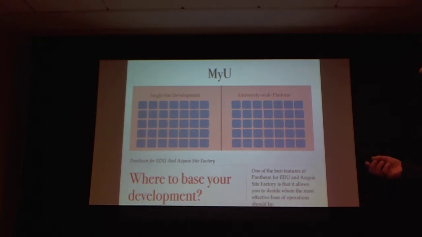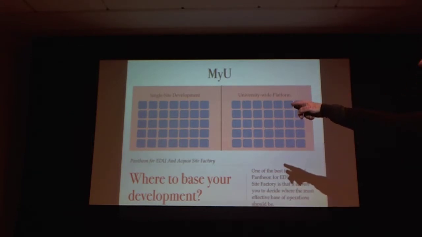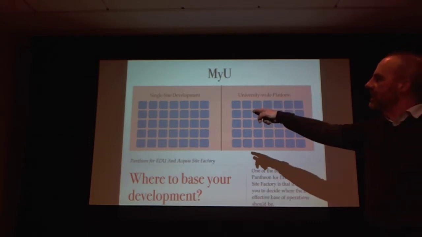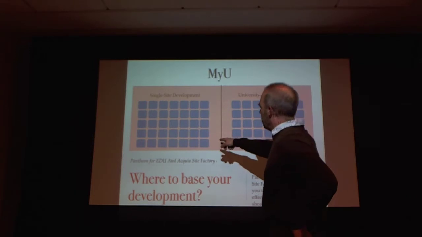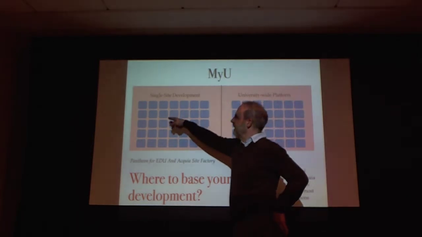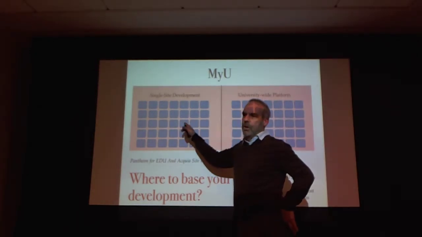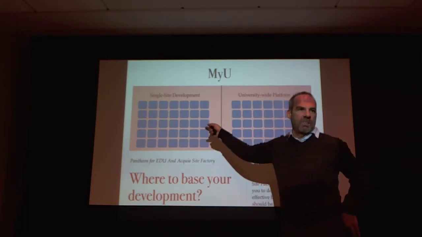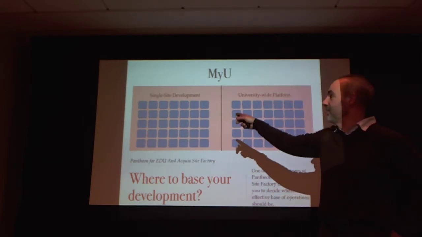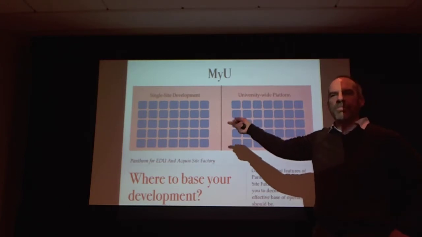So these are my drives. So this is single site development, and this is university-wide. The problem with single site development, these are all individual sites, and they can be as lovely as they want, but if you have an event in here, you have no way of getting the event to show up in any other places. If you have a developer problem, there's 50 different developers who did that thing. There's 50 different types of code there.